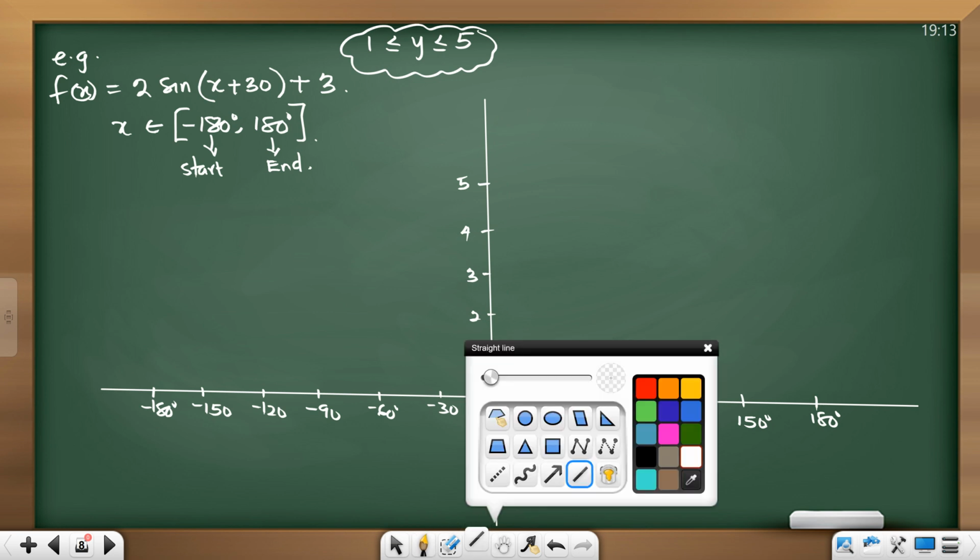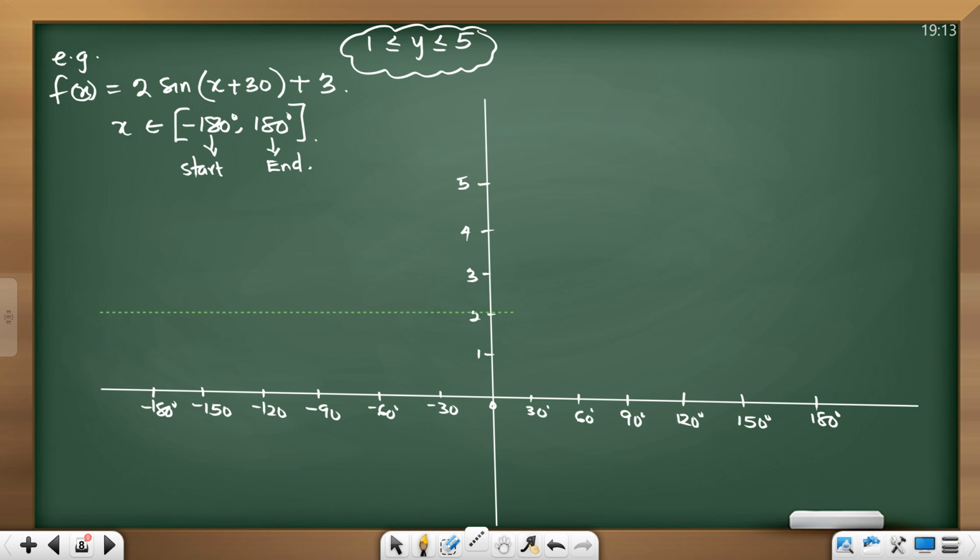Okay, because we don't have a grid, negative 150, 1.27, which is about 1.3. So we're just going to estimate that value somewhere there.